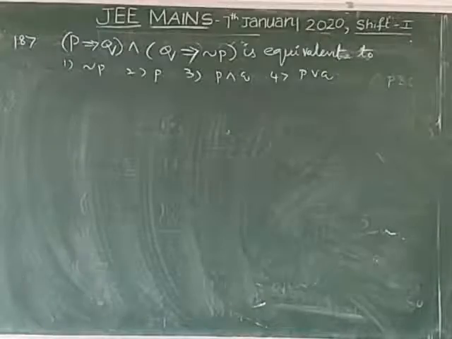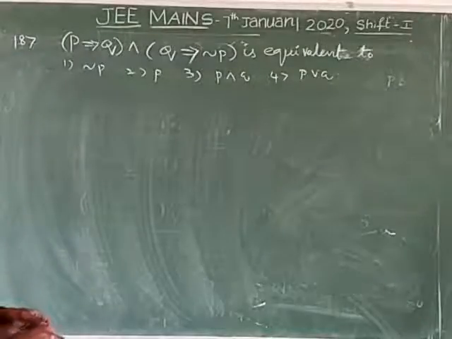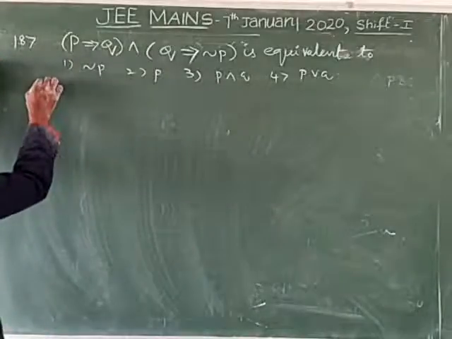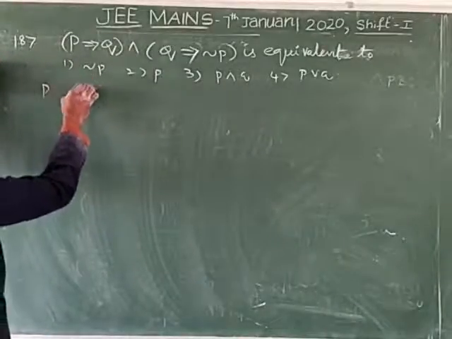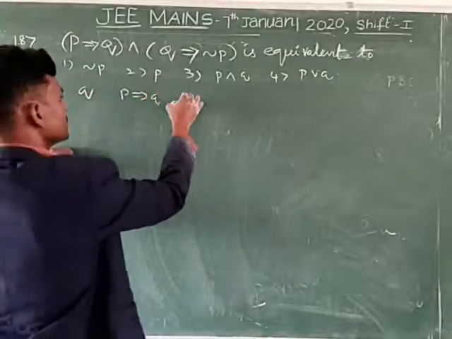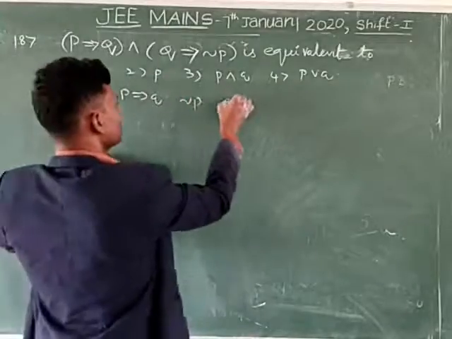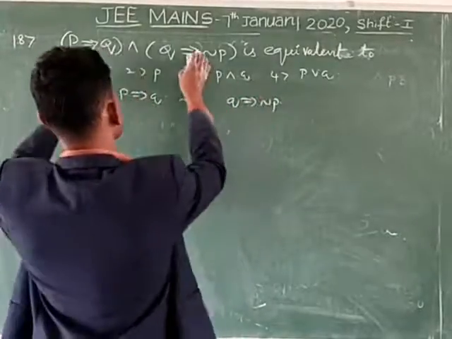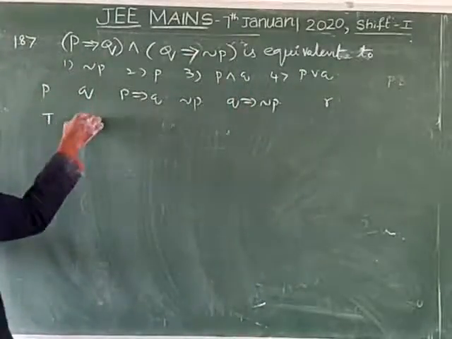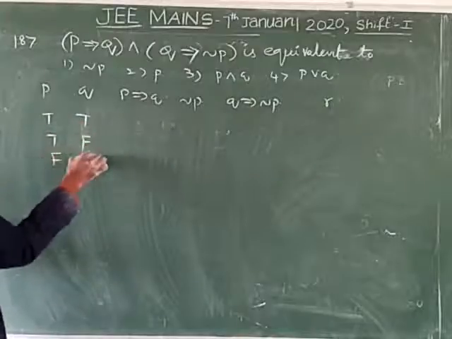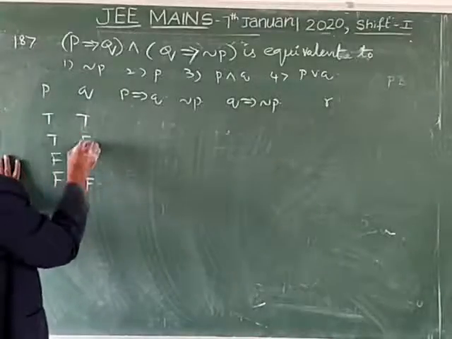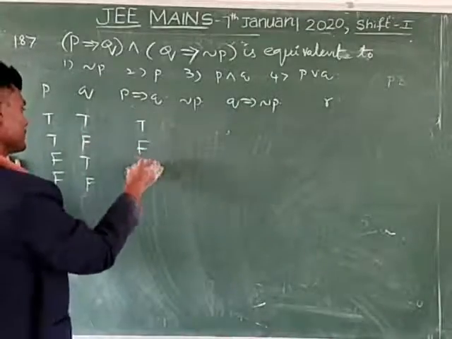Next problem, 18th one: (P implies Q) and (Q implies negation P) is equivalent to which of the given options? First, how many statements are given? Two statements, P and Q, and P implies Q. Next one is negation P and Q implies negation P. You have to take the truth table with T, T, T, F, F, T, F, F. Here implies means only when T is true and F is false it is false, remaining all are true.